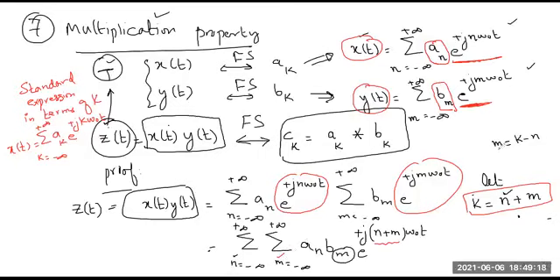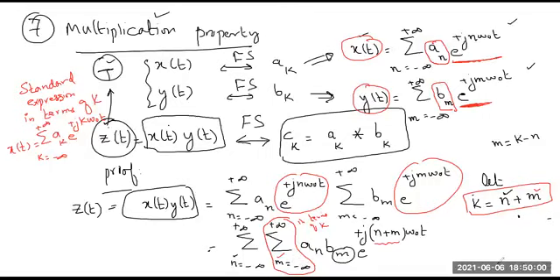Based on this relationship between k and m, it's obvious that when m is minus infinity, k will also be minus infinity. If m is plus infinity, this will also be plus infinity. So when I change this summation from m to k, the lower limit will be minus infinity and upper limit will also be plus infinity. This particular summation is now replaced in terms of k.